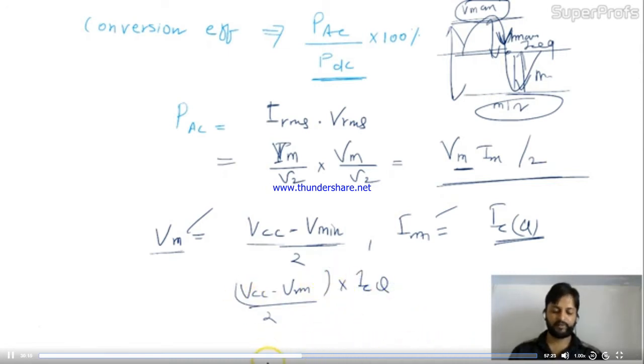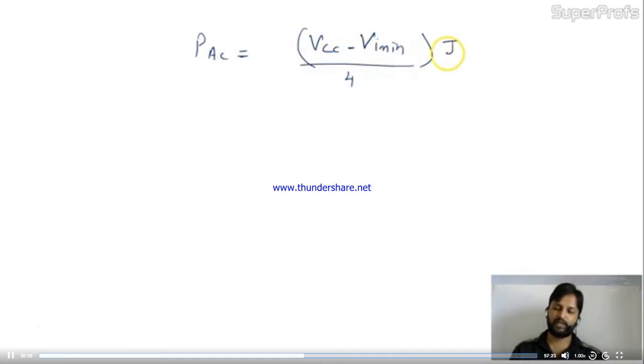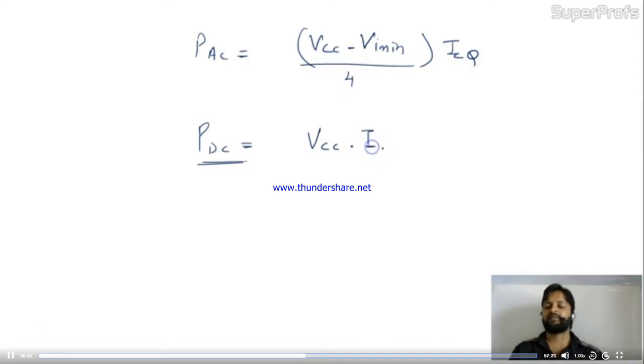Finally, when we solve that, we get VAC equal to (VCC minus Vmin) divided by 4 into ICQ. Now if I talk about the DC power, the DC power supplied by the biasing, the biasing voltage is VCC and the current by biasing is ICQ.